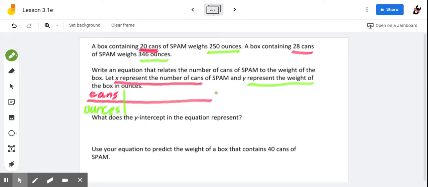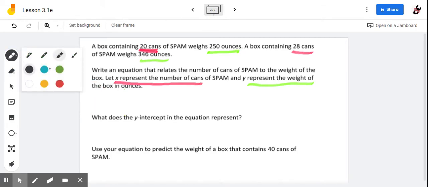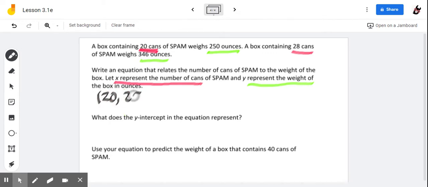And you could make yourself a table, or you can just write the two ordered pairs, and we're going to go with the ordered pair method. We don't really have room for that table, so we have an ordered pair of (20, 250), and then we have another ordered pair of (28, 346).